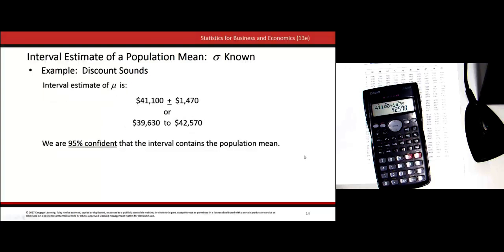This means we are 95% confident that the interval contains the population mean.